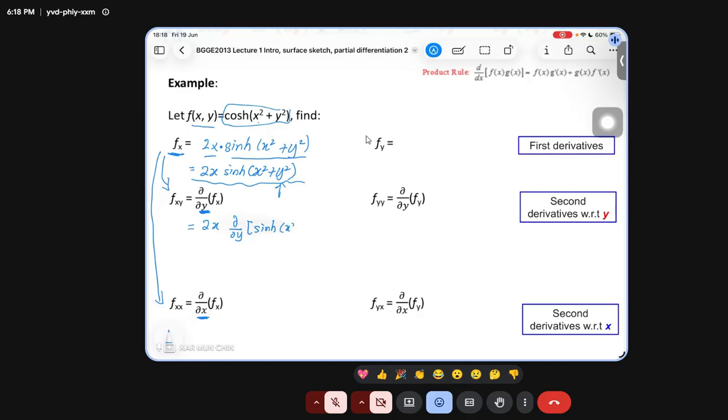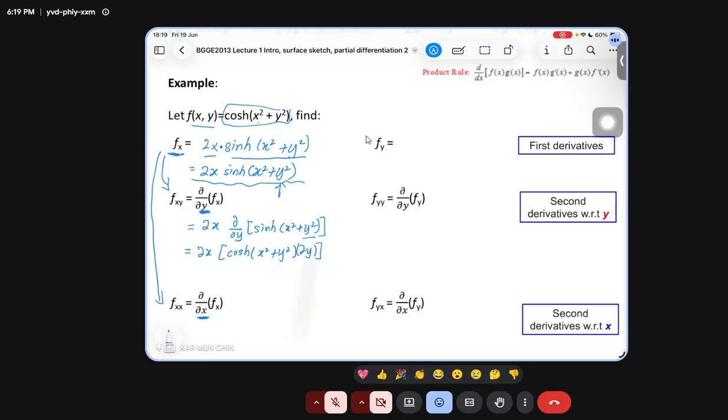Okay, we derive this part with respect to y. So you will get the 2x, you just copy. So the sinh, you will get cosh of x squared plus y squared, and multiply by 2y.